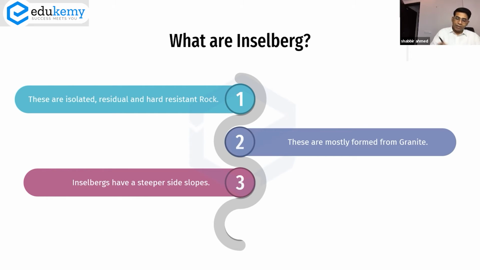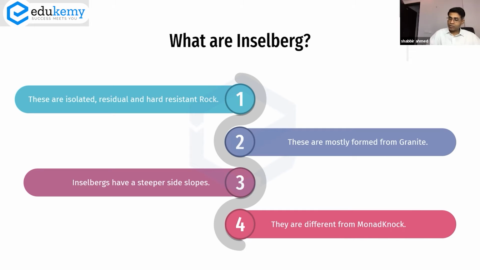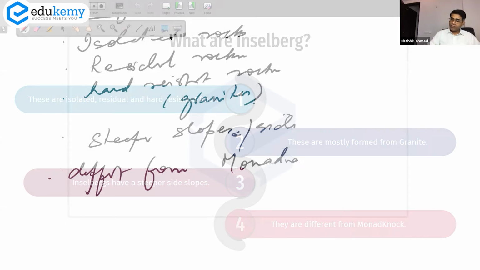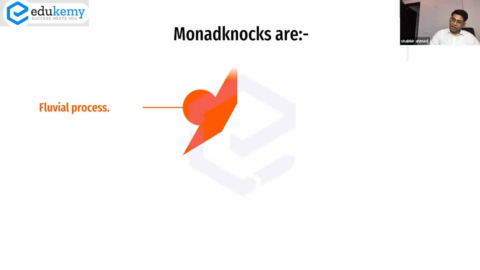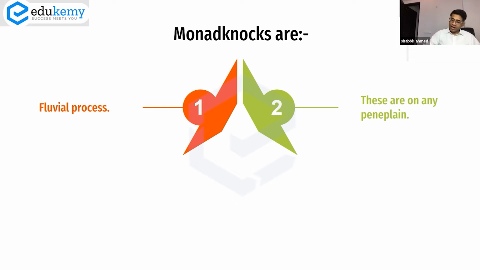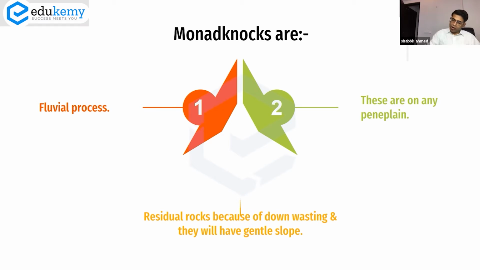Inselbergs are different from monadnocks. Monadnocks are because of the fluvial process. They are on the peneplain. They are residual rocks because of down wasting, and they will have gentle slopes.